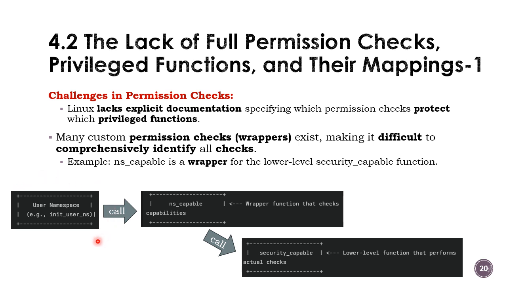Firstly, we have a namespace called init_user_ns, and this namespace will cause ns_capable to check the permission, but actually inside this function we have security_capable. You may see security_capable in many different functions, but in this case it is wrapped by ns_capable, and ns_capable is the wrapper of security_capable.